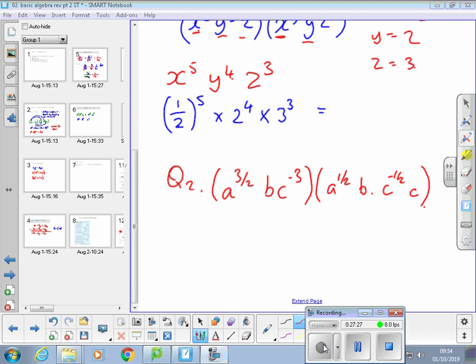Okay, we've got to evaluate that when a is equal to 3, b is equal to 4, c is equal to 5.